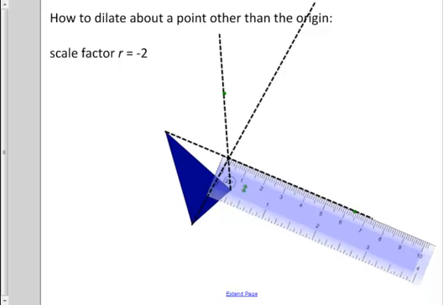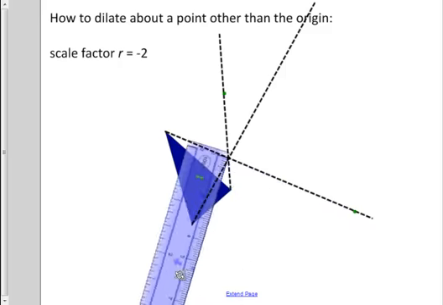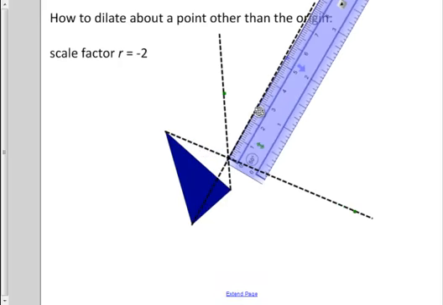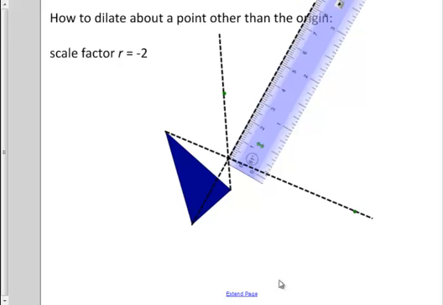And then finally, this guy right here is 3.6. I'm going to double that, or multiply it times negative 2, and I get negative 7.2. Okay, negative 7.2 is way up here. Mark it, and now it's time to connect the dots.